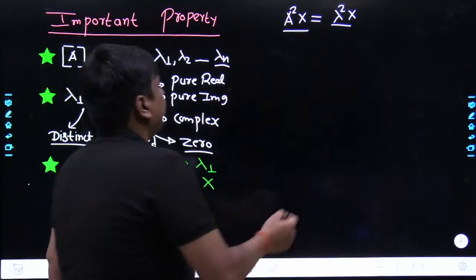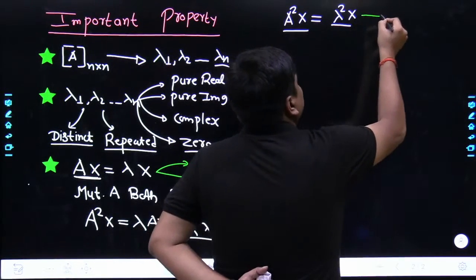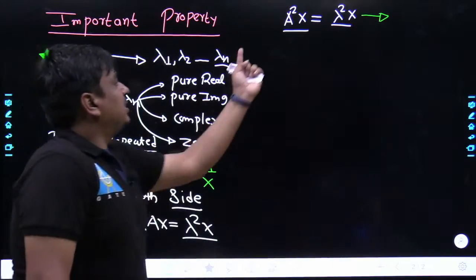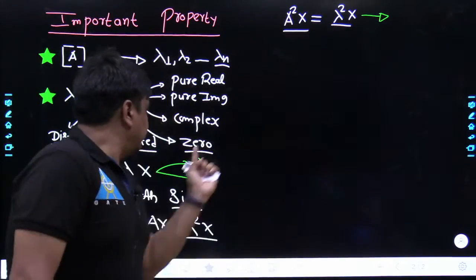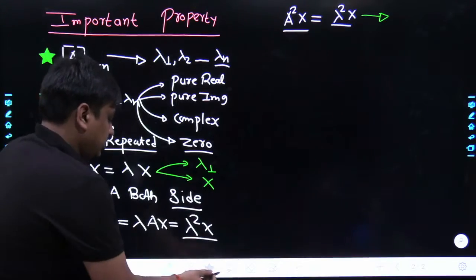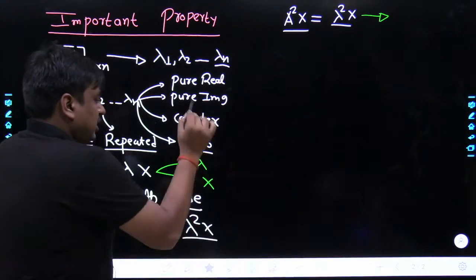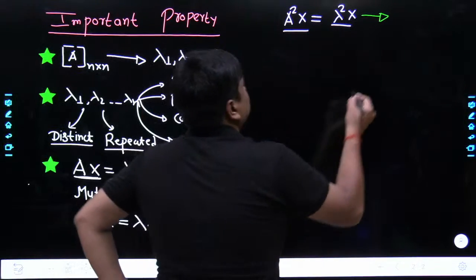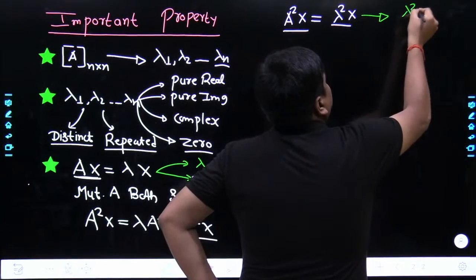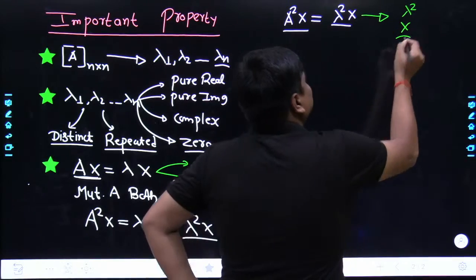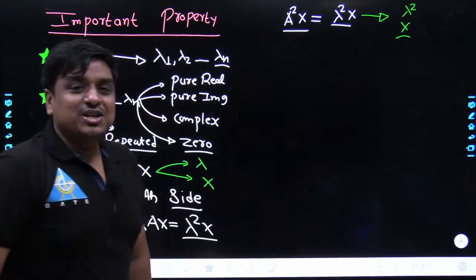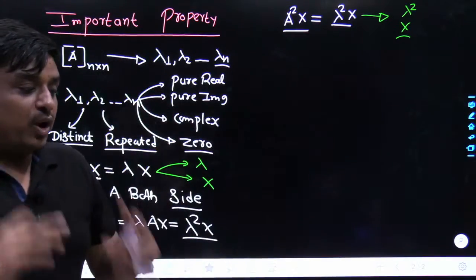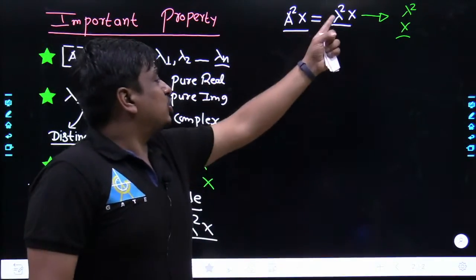May I know, if the matrix has been changed to A square, what would be the change over the lambda? See, the lambda has become lambda square. Initially the lambda was lambda 1, now it will become lambda square. But the most important thing, the eigenvector is not going to change. That's the very important point. Everybody should have a clear-cut thought in your mind.